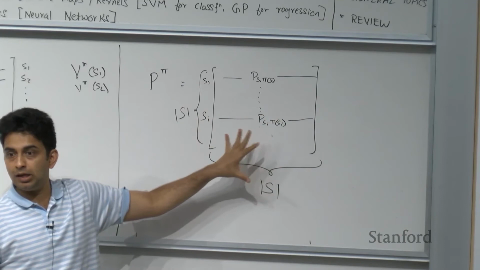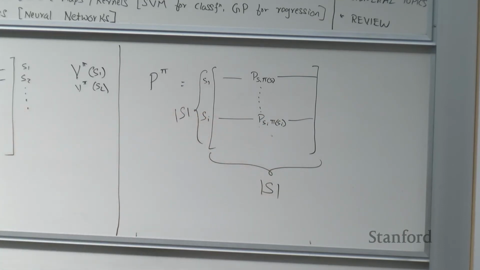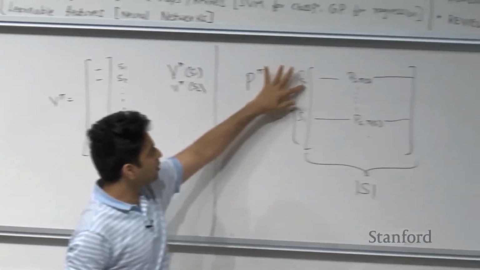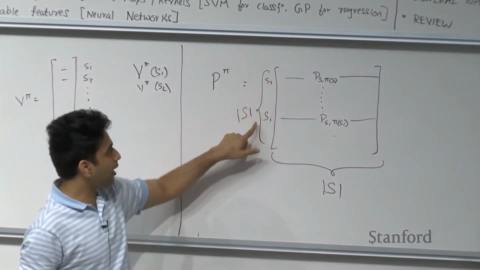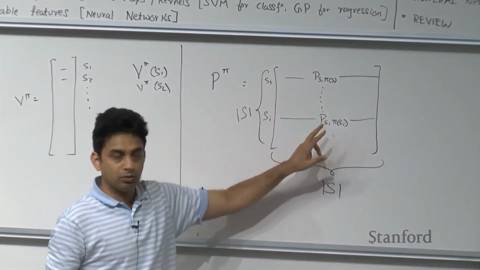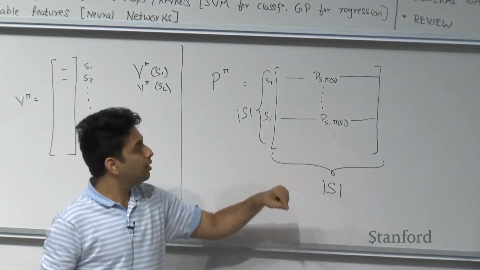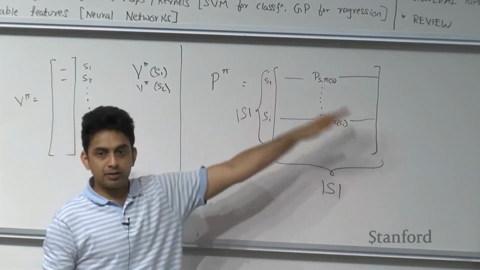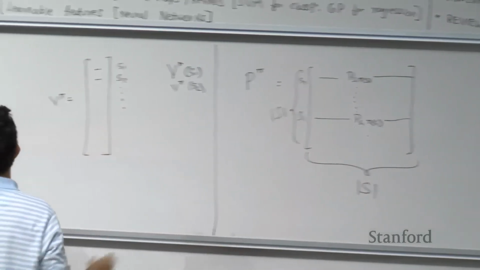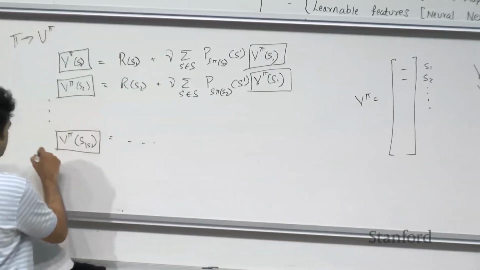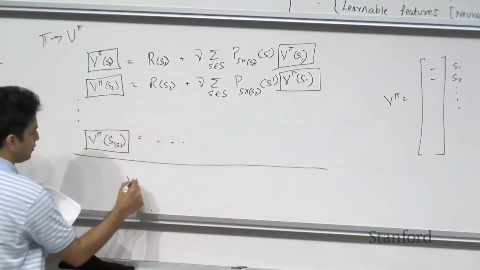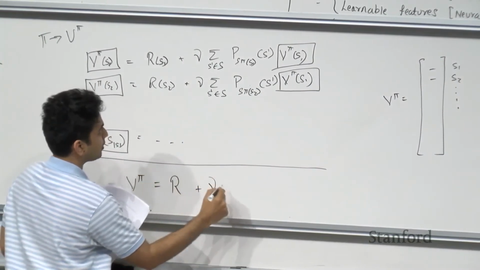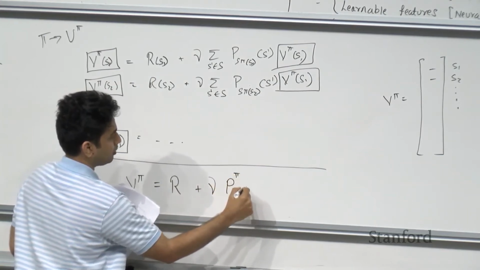We are just selecting a few of the transition probabilities where we are starting from a given state si and taking an action according to pi of si, let's call it ai, and this is P si ai. Arrange them into a matrix and call it P pi, and with that matrix we can rewrite this in a more compact form as V pi equals R plus gamma times P pi V pi.